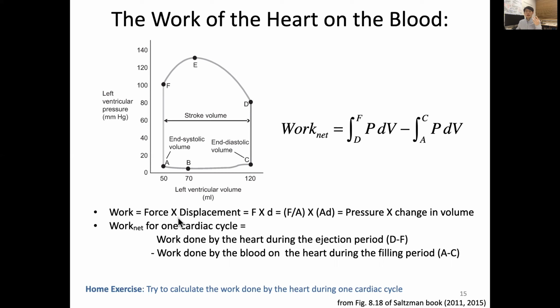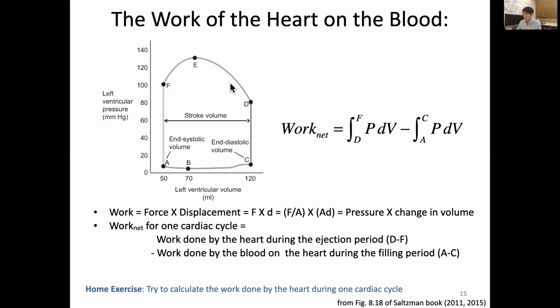So during one net cardiac cycle, what is the work for the blood to do on the system boundary of the heart? It is the work done by the heart during the ejection period, which is D to F, and then the work done by the blood on the heart during the filling period, which is A to C. So the net work is D to F of pressure multiplied by volume change, minus A to C of pressure times volume change.